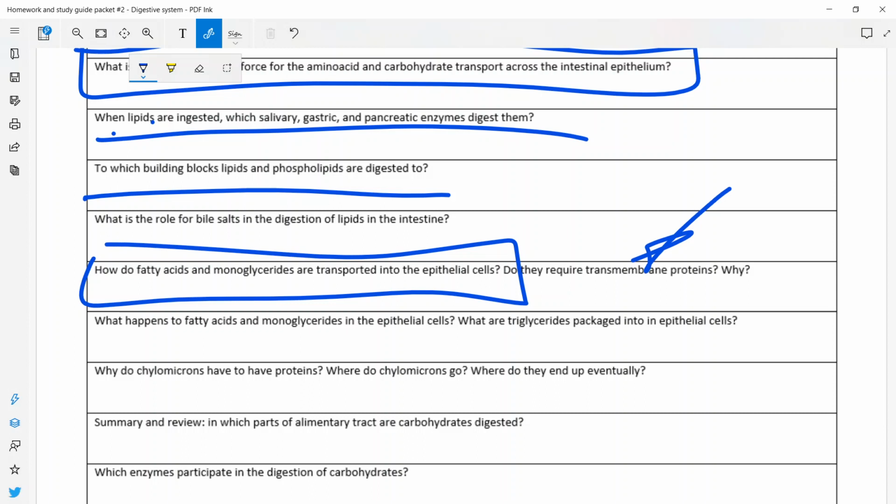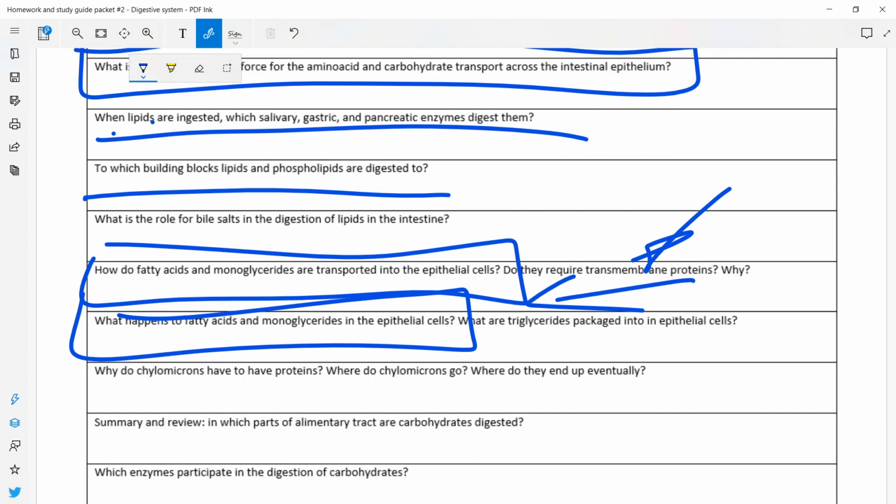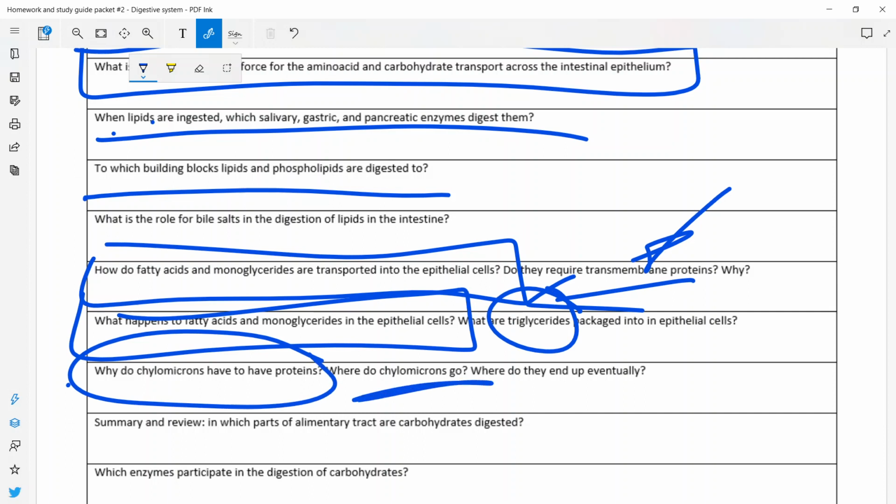In epithelial cells, they recombine into triglycerides, and triglycerides are packaged into so-called chylomicrons. Chylomicrons are triglycerides packaged with proteins, so they are more or less soluble in the lymph, where chylomicrons go, and they end up eventually in the blood and then the liver.